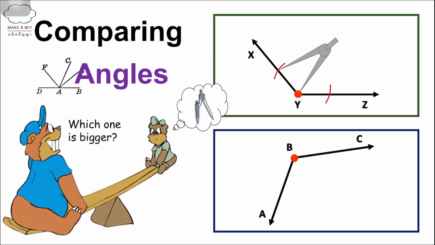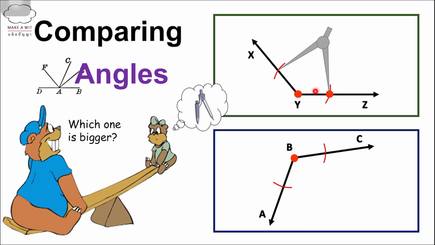And again, don't change the radius, don't adjust the compass, and cut it onto the new angle that you want to compare. When you have an intersecting point already, you will cut one more time. So this one you need to adjust the sharp end here, and the pencil end will be on the line that you marked earlier.